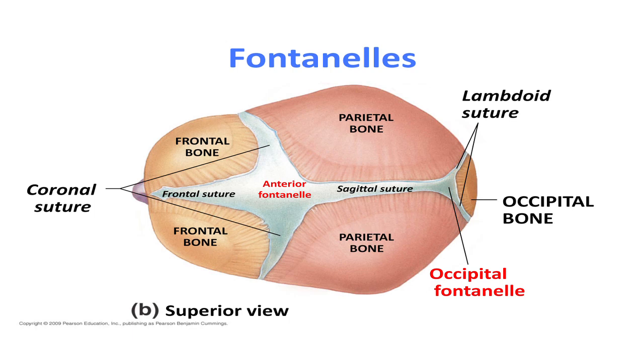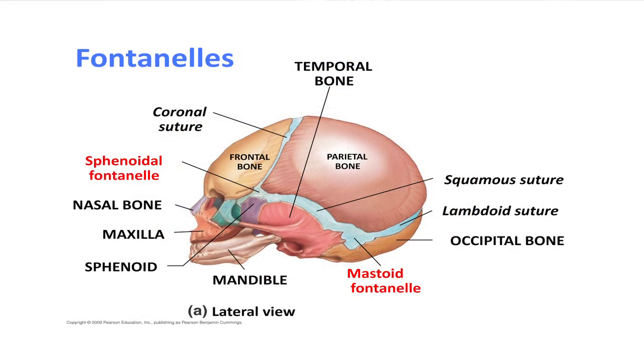On the back, you see the occipital fontanelle. In the next picture, you start to see the sphenoidal fontanelle, as well as the mastoid fontanelle. The sphenoid bone is in the front, so it makes sense that the sphenoidal fontanelle is in the front. The mastoid process is in the back, on the bottom, so that makes sense as well.